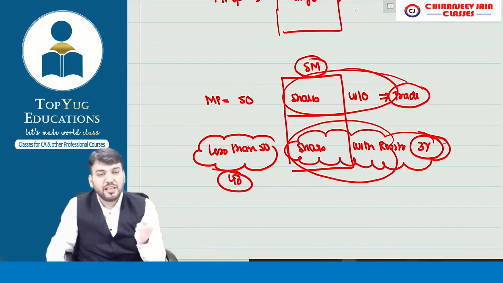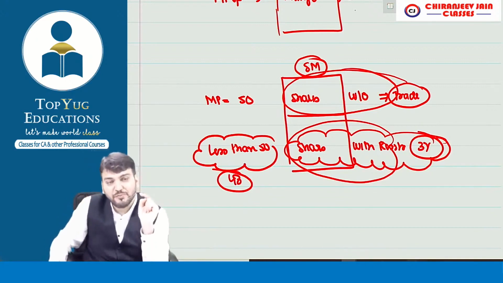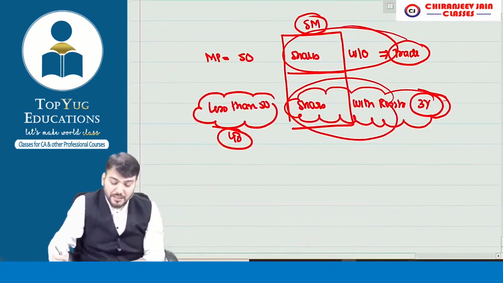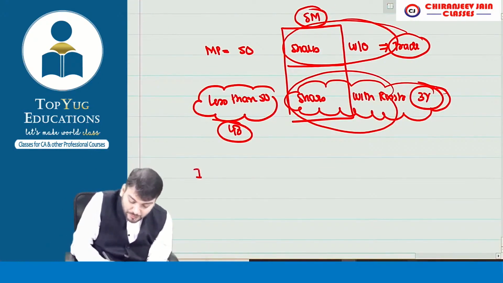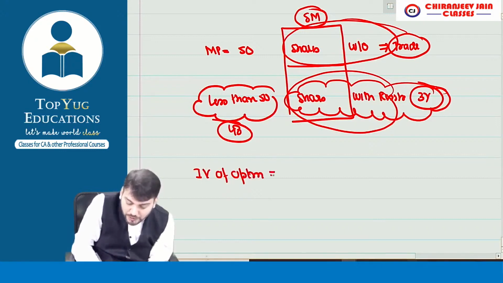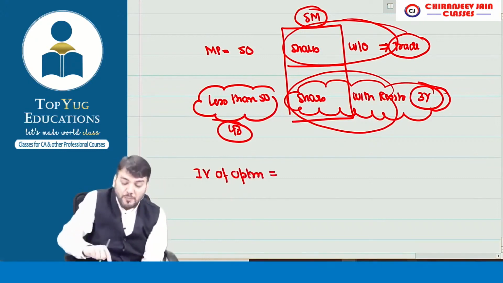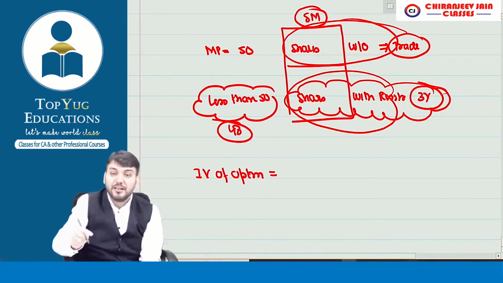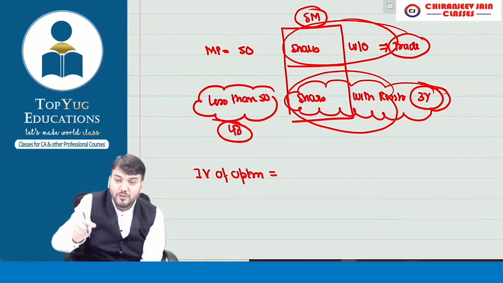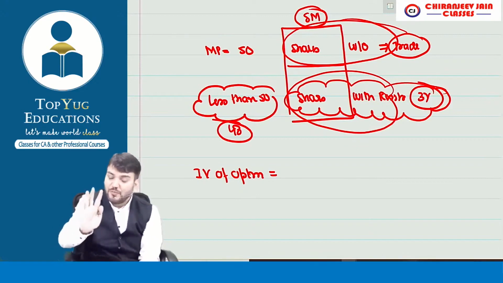With restriction, so therefore which value of shares should we consider, 50 or 48? Of course we should consider 48. If I want to calculate the intrinsic value of option, we should consider 48.